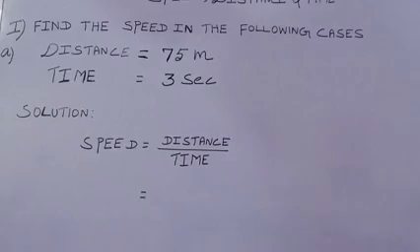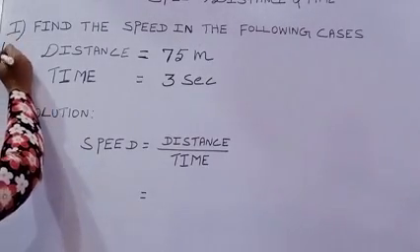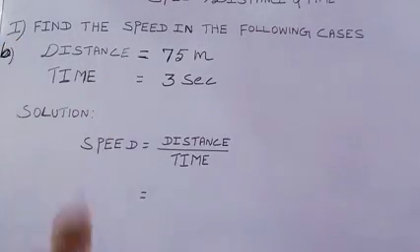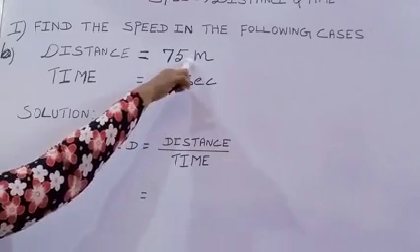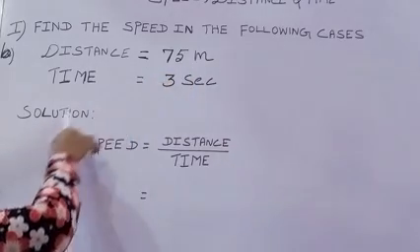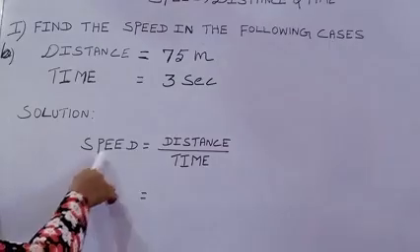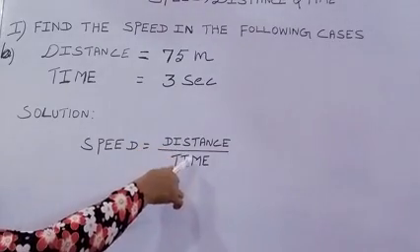Children, our second problem is: distance is equal to 75 meters and time is equal to 3 seconds. So here meters and seconds are the units. The solution: speed is equal to distance divided by time.